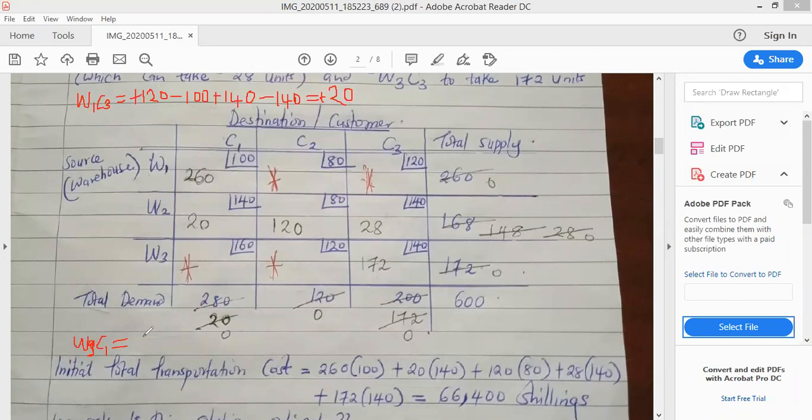This cell itself is where we want to begin, and we can move either clockwise or anti-clockwise. For me, I'll move anti-clockwise, but you can still move clockwise. So I'll start from this particular cell itself, which is actually empty. That should always be our starting point, with a positive unit cost, 160. Now, how are my surroundings? This cell has something, this one is having something, but this one is empty.